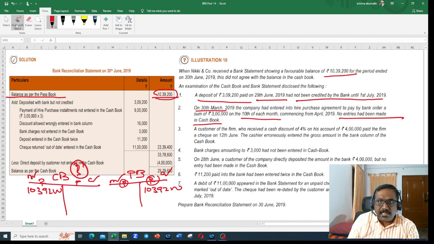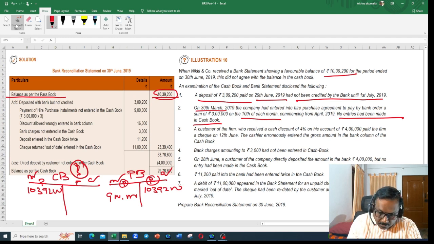So 3 months, as I explained previously, 3 months into 3 lakhs, 9 lakhs amount we paid. The banker has already paid, but entries are not recorded in the cash book. If the banker paid 9 lakhs, he would have recorded here, payment side. But entries are not recorded in the cash book.